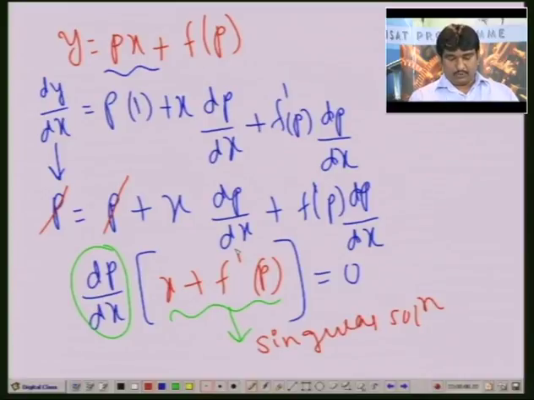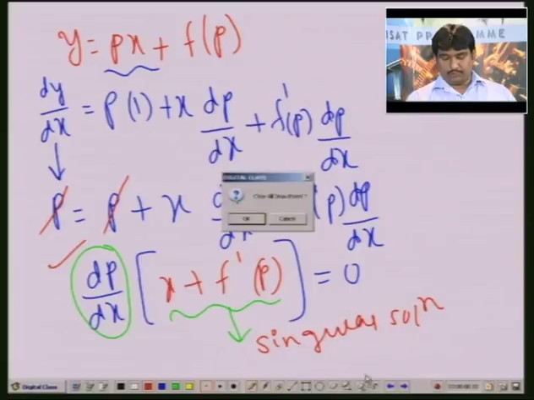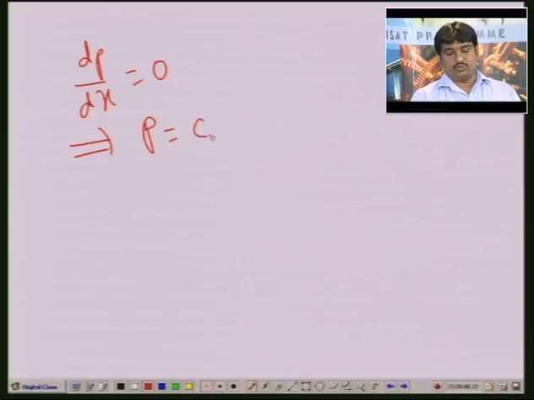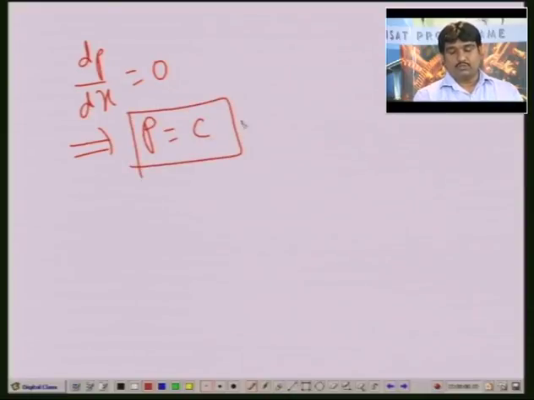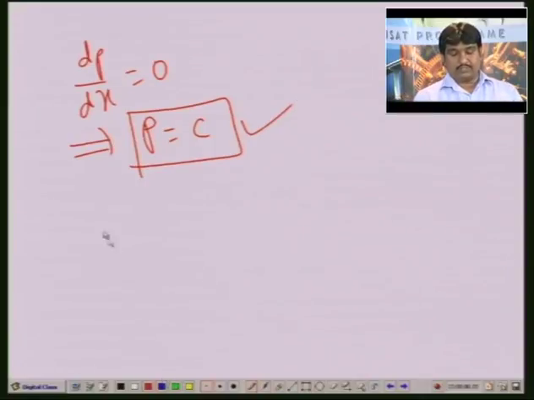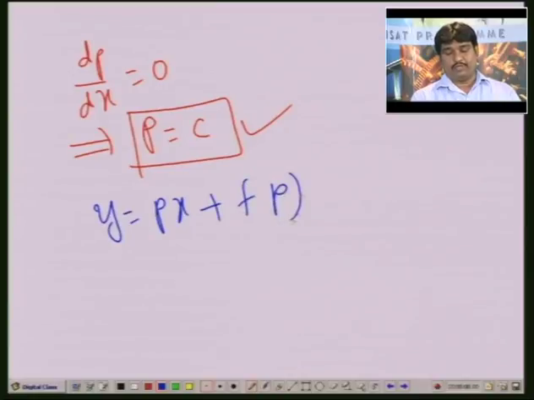So for the general solution, consider dp by dx equals 0. Now, dp by dx equals 0 implies, if you integrate it, p equals constant. So, substitute p equals constant in the given equation. The given equation is y equals px plus f of p.